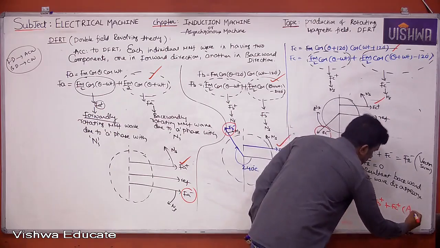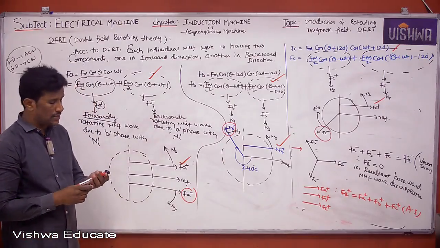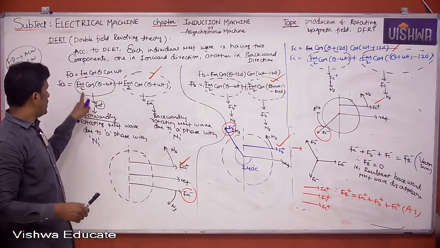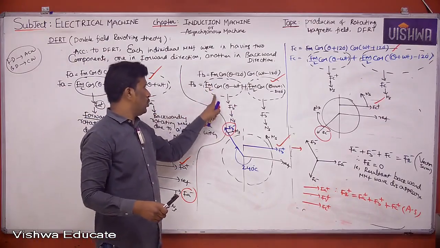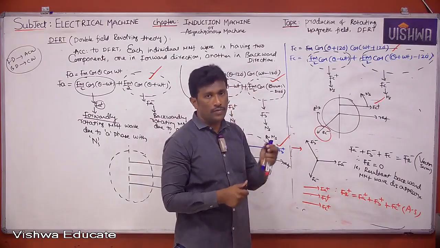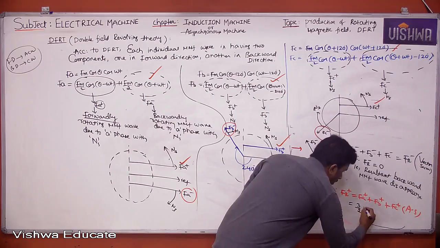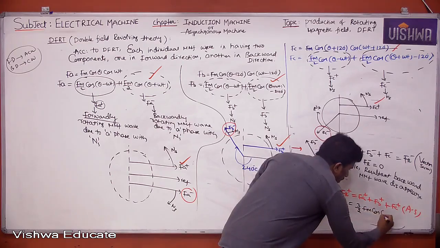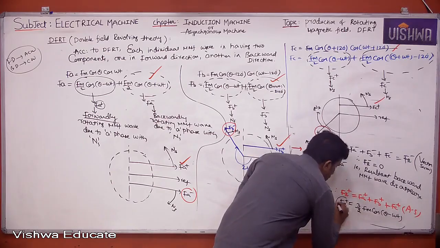This is the arithmetic sum, because they are in phase vectors. Now please see, FA plus means Fm by 2, FB plus means Fm by 2, FC plus means Fm by 2. What is the total value? 3 Fm by 2, or I can say 3 by 2 Fm cos of theta minus omega t, FR plus.